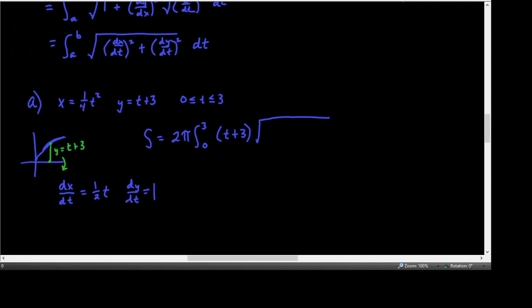So that'll be dx/dt, 1/2 of t, squared plus dy/dt, 1 squared, dt. Okay. And we can leave it just like that because they ask us for an integral expression, and that's it.